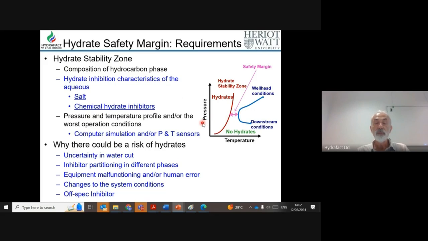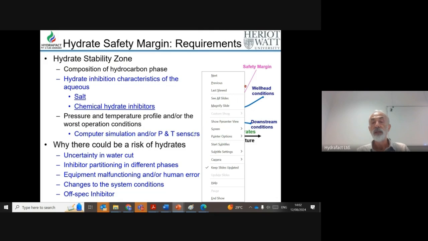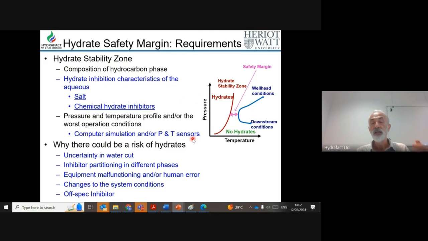It is a major problem that can cause problems, and we need to have a system that can detect if we are going to form hydrate.